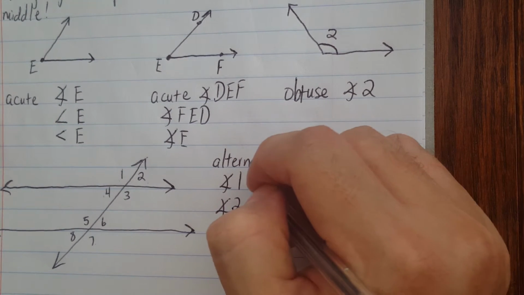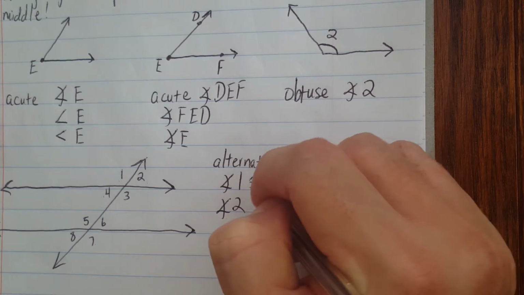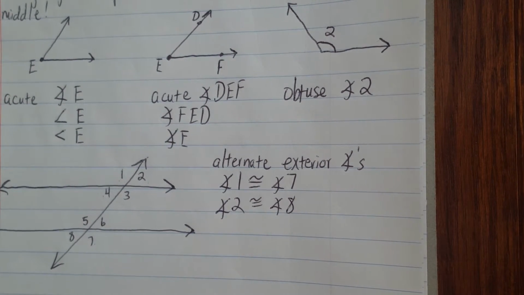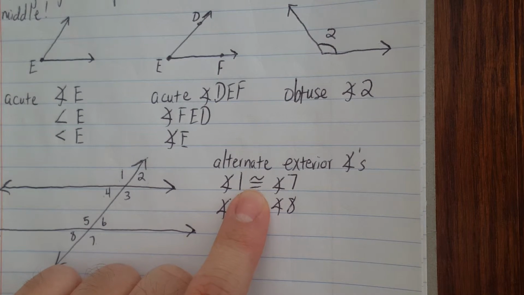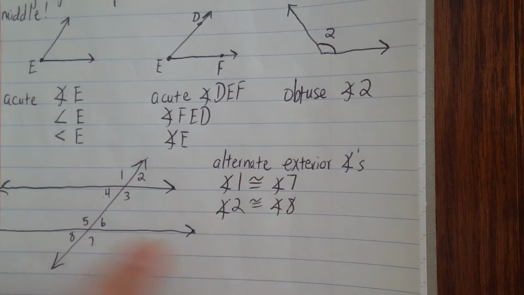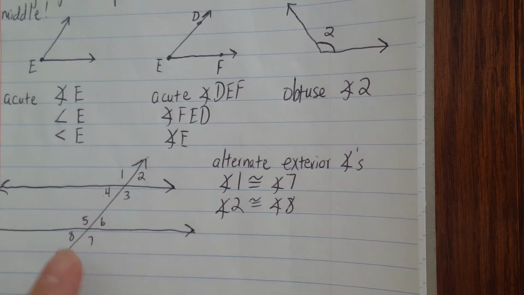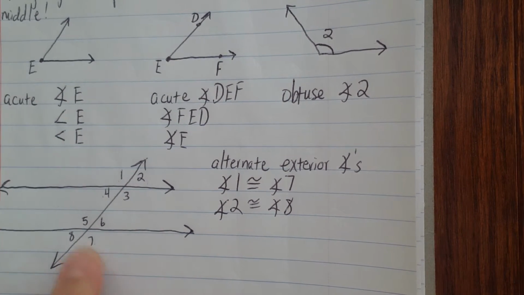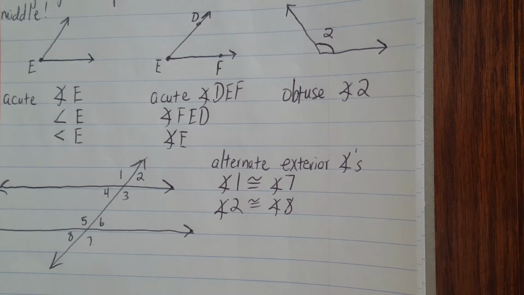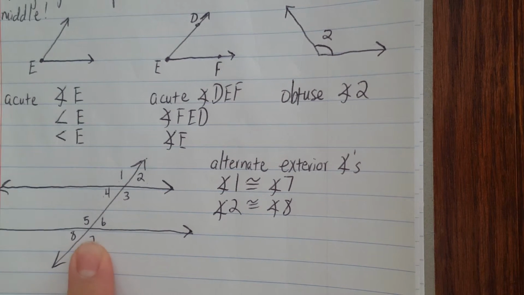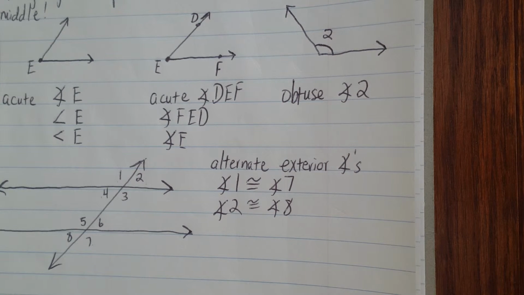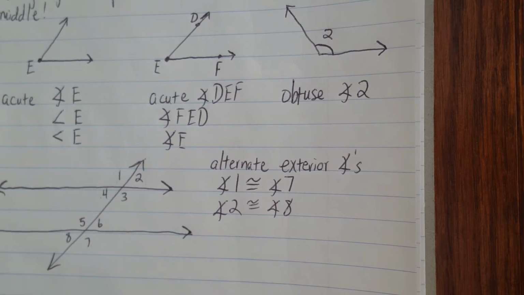Well, it tells us that in geometry, these angles are exactly the same, or as we say with this symbol, congruent. It means they're exactly equal. So whatever angle 1 is exactly the same as the measure of whatever angle 7 is, and it goes the other way. If you knew 7 and you didn't know 1, you could just say, well, by alternate exterior angles, angle 7 is the same as angle 1. Same thing for angle 2 and 8.